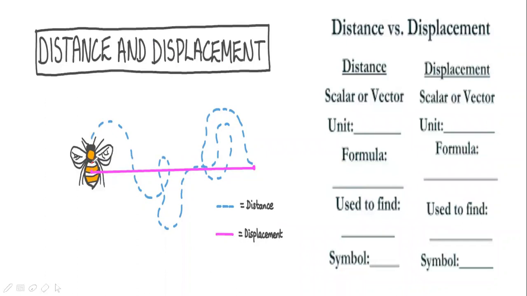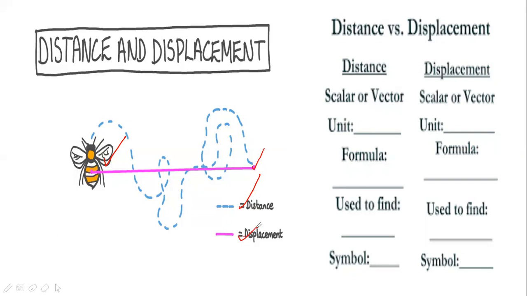This is the final position and this is the initial position. So the bluish line represents the distance, and the pinkish or purple color, whatever you call it, represents displacement.